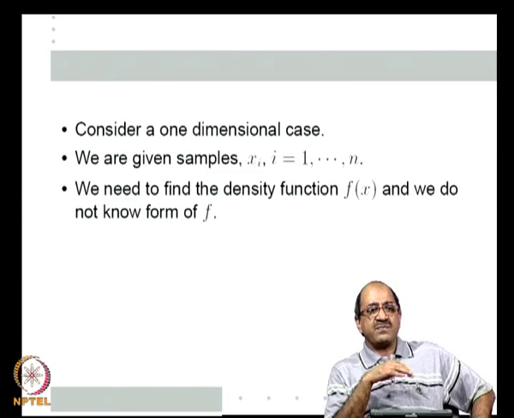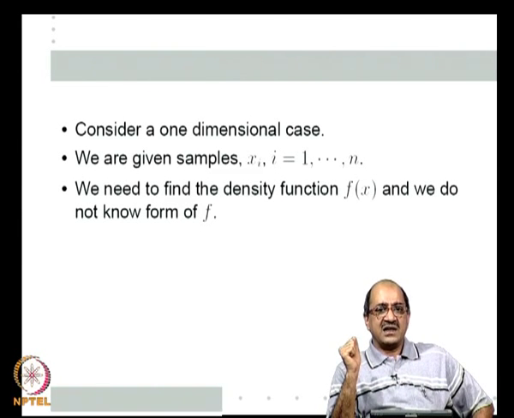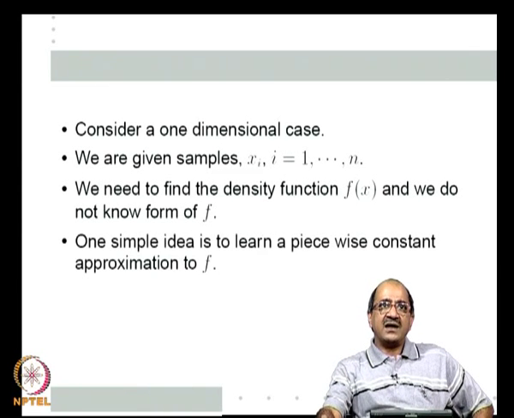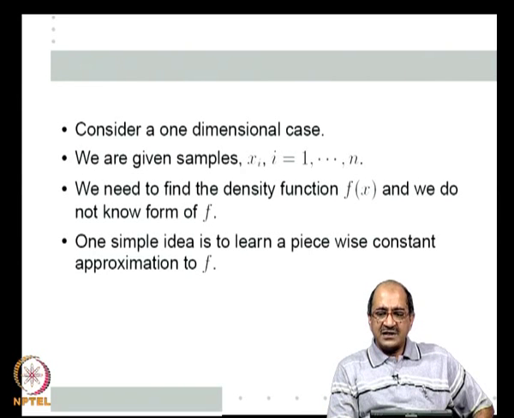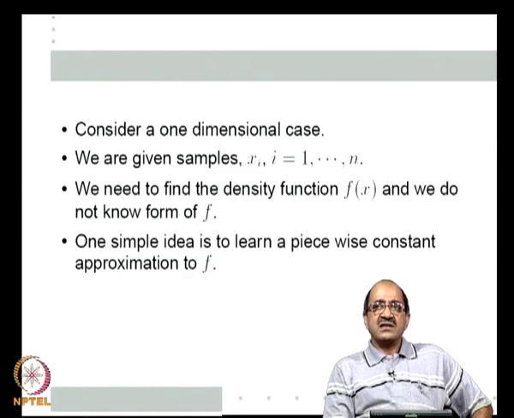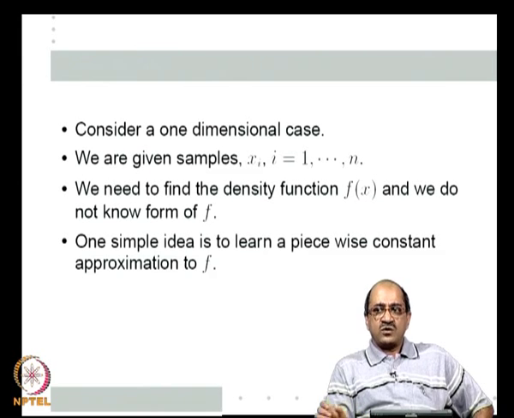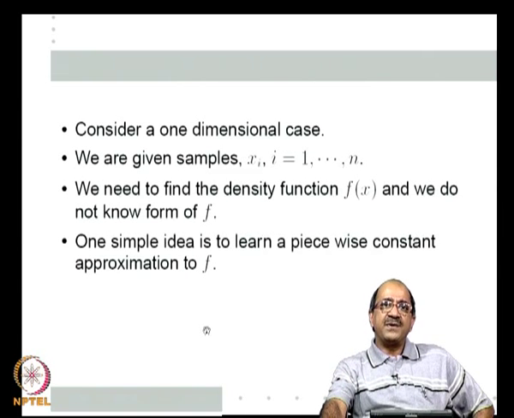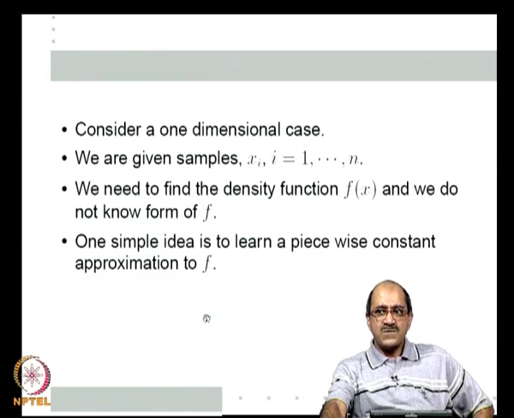Since the density is smooth and does not vary too fast, on any sufficiently small interval I can assume the density to be constant, which means I can approximate the unknown density by a piecewise constant function. I can have many intervals, and on each interval it will have a constant, maybe different constants on different intervals. That is what is called a piecewise constant function approximation.